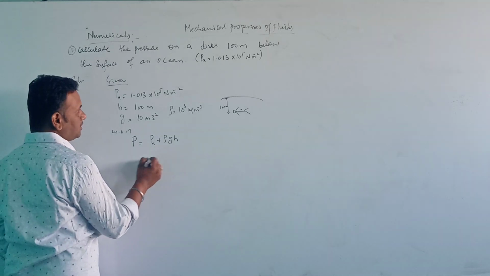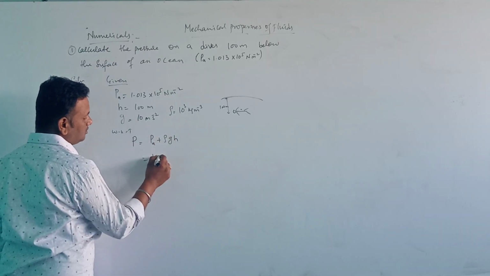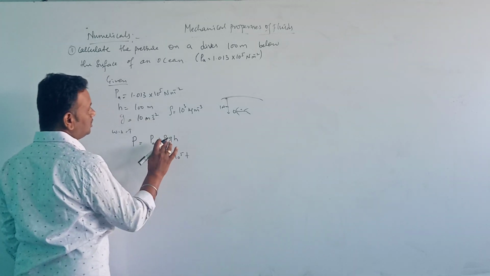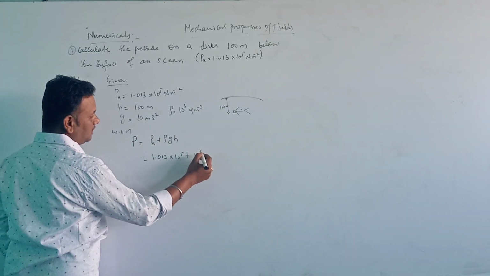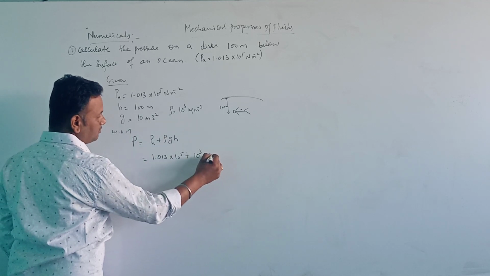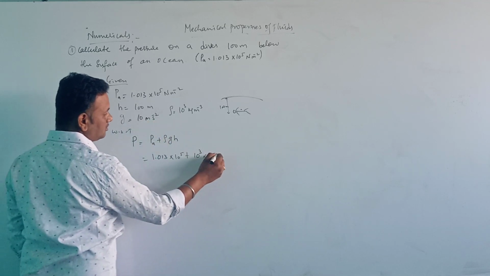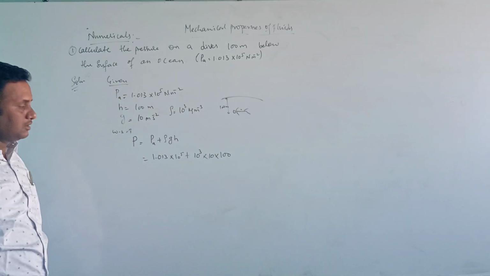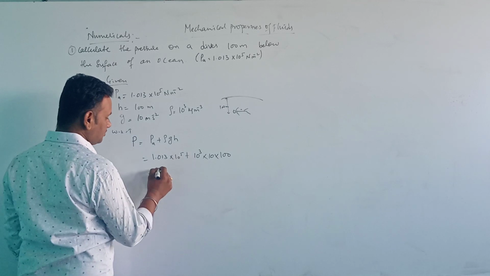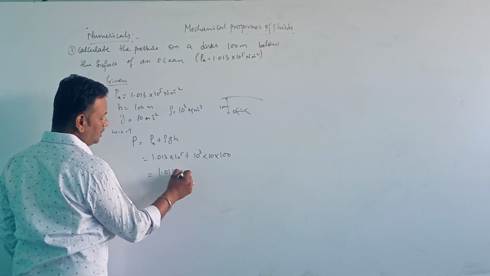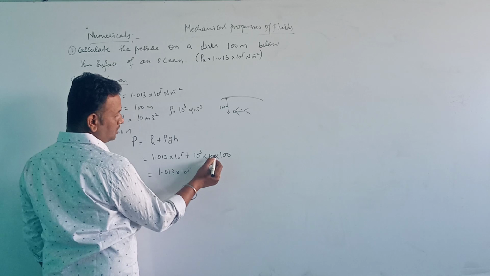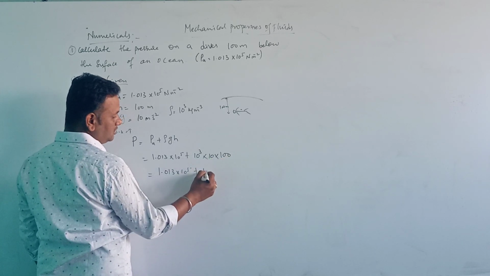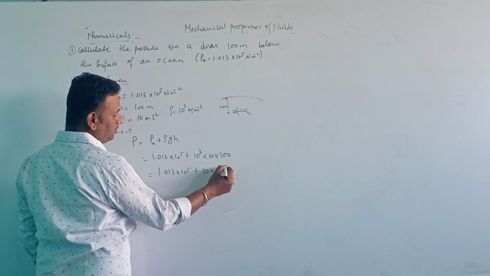So atmospheric pressure is how much here? 1.013 into 10 to the power of 5 plus rho means 10 to the power of 3 into 10 is acceleration due to gravity into height is how much? 100. Okay. So now we can calculate 1.013 into 10 to the power of 5, 3 plus these two zeros. Okay. It becomes 10 into 10 to the power of 5.